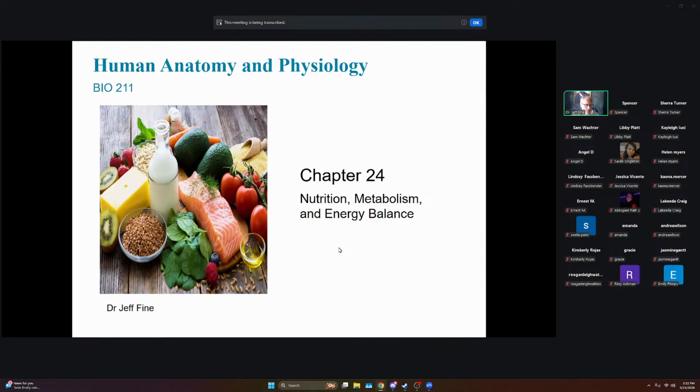So Thursday is going to be very involved. Absolutely don't miss Thursday's lecture. It's going to be more into the chemistry part of metabolism and the synthesis of adenosine triphosphate.